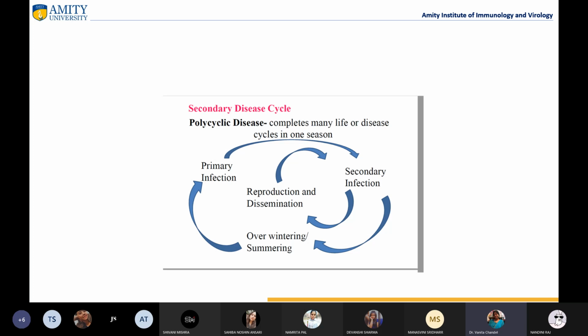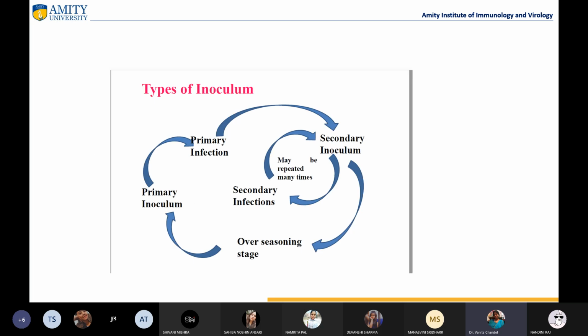From over-summering or overwintering, they get the primary infection, one cycle in one season, and whatever is the product of the primary infection will lead to the secondary infection further, right? Again they are disseminated and reproduce. So those that complete many disease cycles in one season are called polycyclic diseases, right?